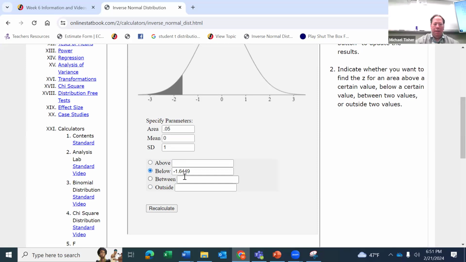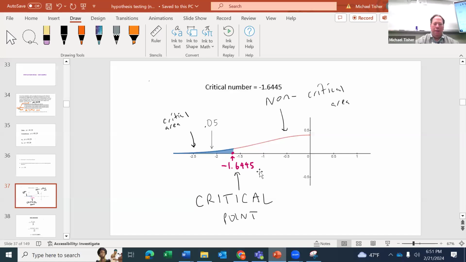So negative 1.6449 is the critical point that we got. Okay, that's how we got that there. Okay, so negative 1.6445 is what separates the normal situation from the weird situation.